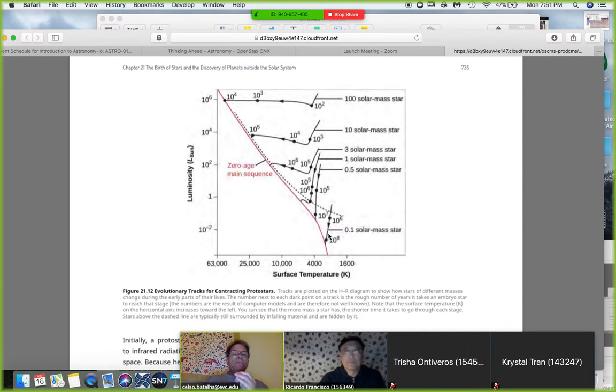So all that information that physicists and astronomers know about gas is used to create these tracks.